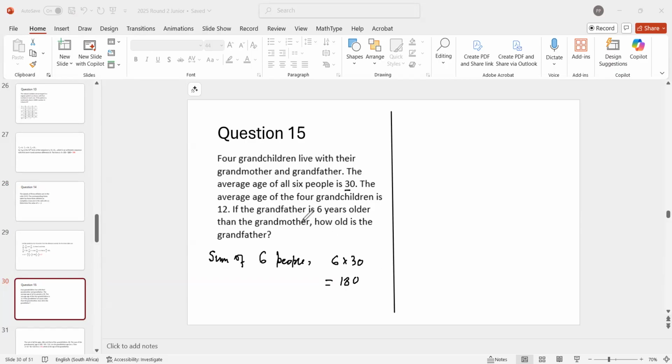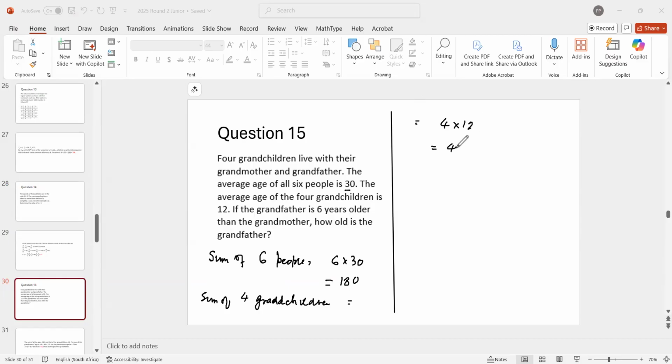Okay, and you also have the average age of the 4 grandchildren. Actually, we should say the sum of the ages of the 4 grandchildren, the average age is 12. So it's 4 times 12.